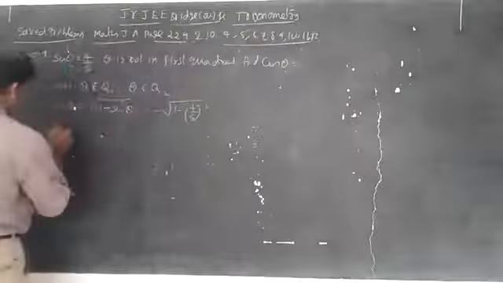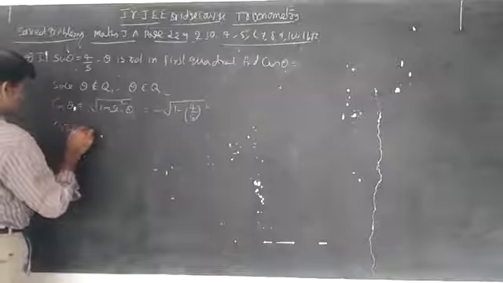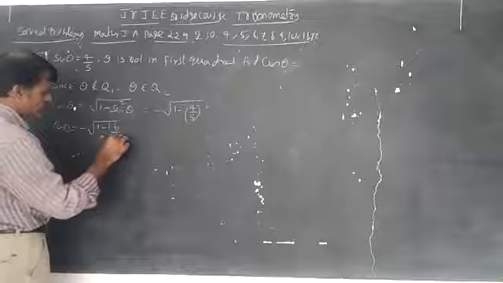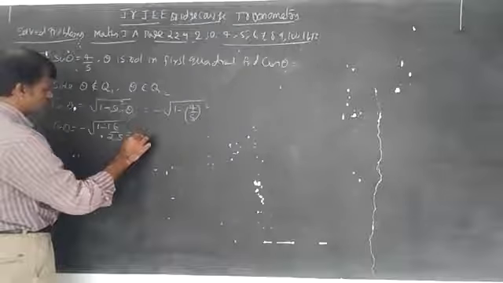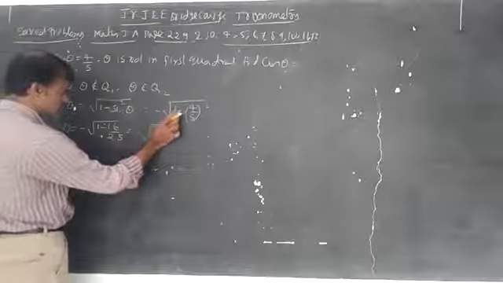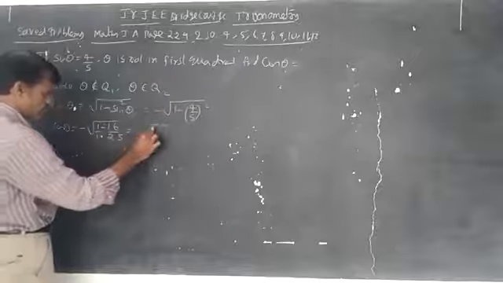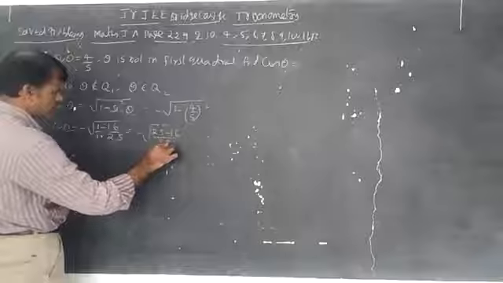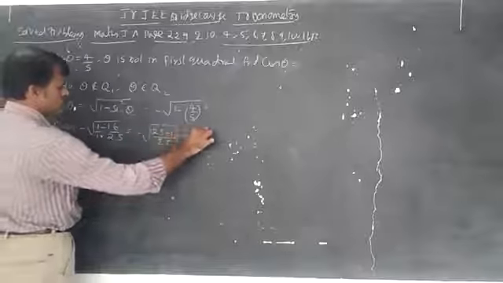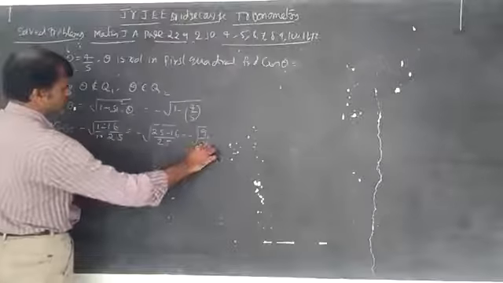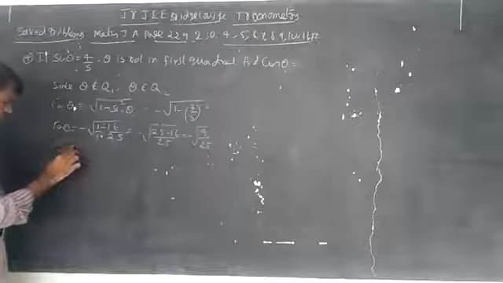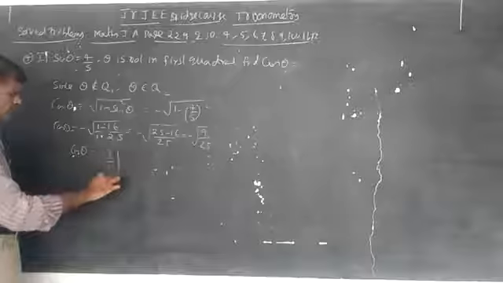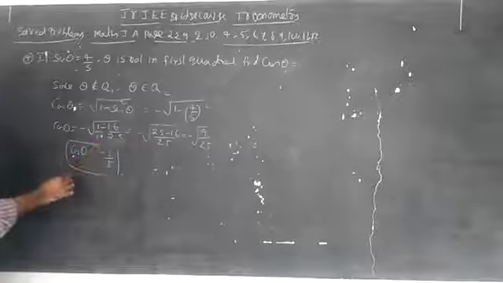So cos theta is equal to minus root of 1 minus 16 by 25, that is equal to minus root of, taking LCM, 25 minus 16 whole by 25. 25 minus 16 becomes 9 by 25. Therefore, cos theta is equal to minus 3 by 5. This is the correct answer.